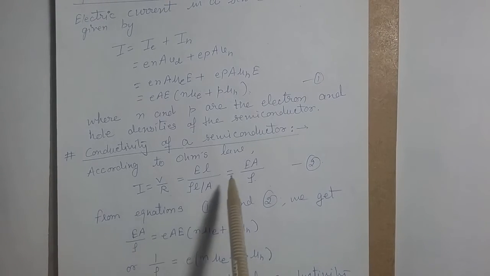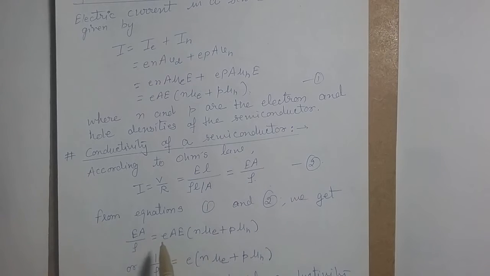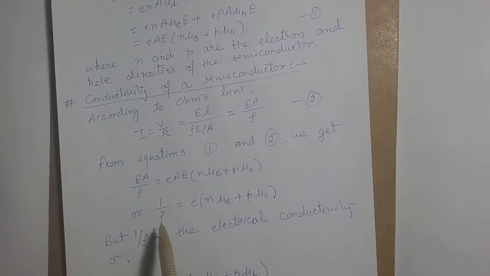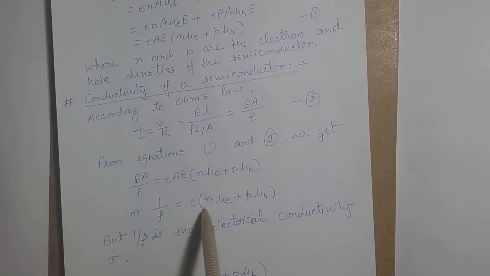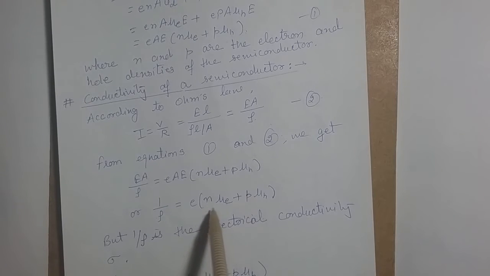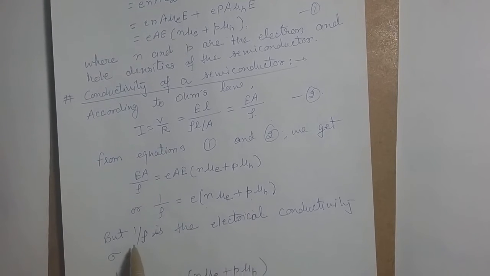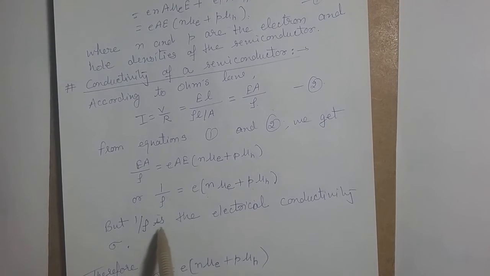What do we get? E A upon rho is equal to e A E times n mu e plus p mu h. E and A cancel out, and what do we get? 1 upon rho, that is the conductivity, is equal to e times n mu e plus p mu h, and we know that this 1 upon rho is nothing but the conductivity.